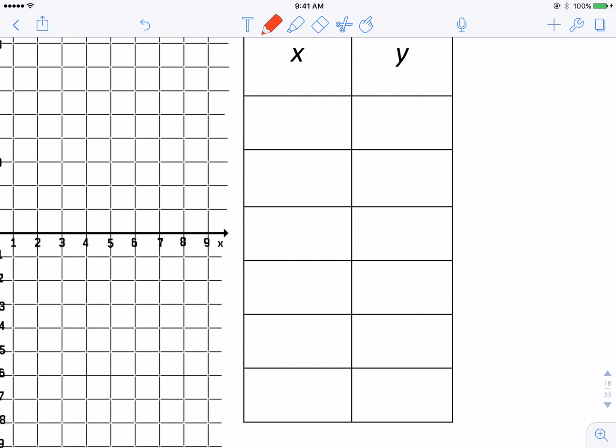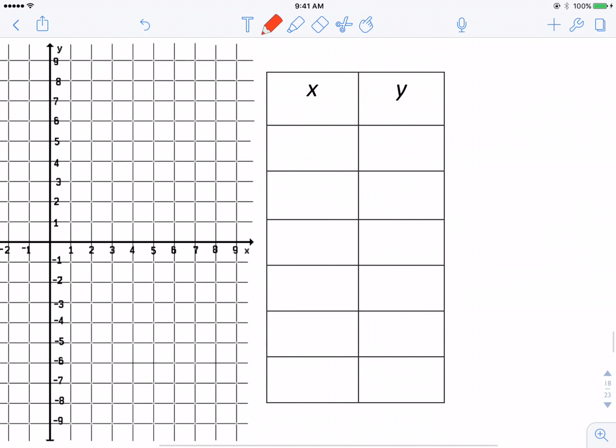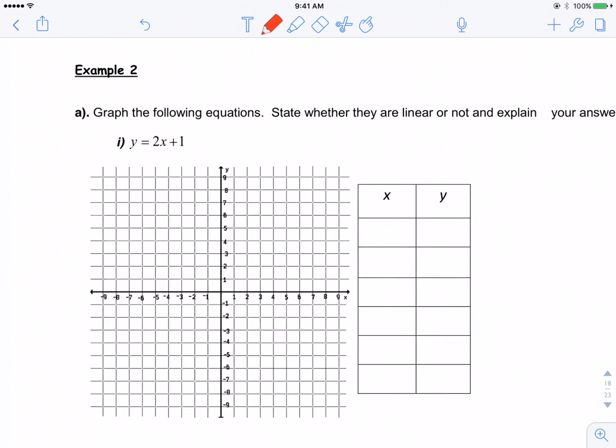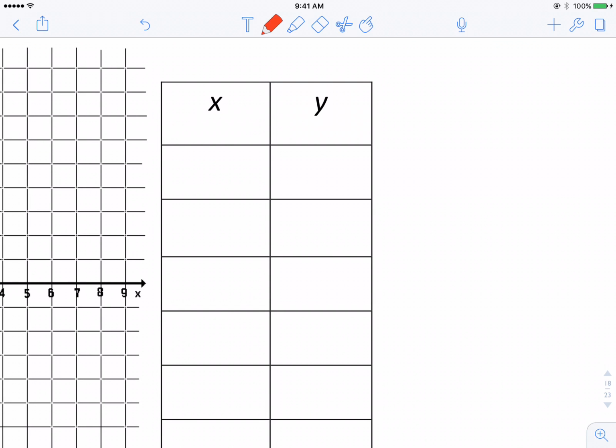So when I normally start a table, I'm going to say, okay, I have this table of values that I need to fill in with this equation, y is equal to 2x plus 1. Just write it there so I can see it.